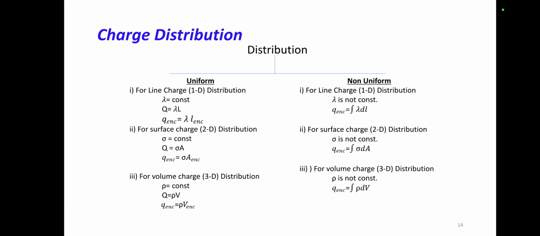Third, for non-uniform volume charge distribution, rho is not constant, so therefore q enclosed is equal to integral rho dV. So in this way we have discussed the charge distribution for uniform and non-uniform cases. So lastly, thank you.